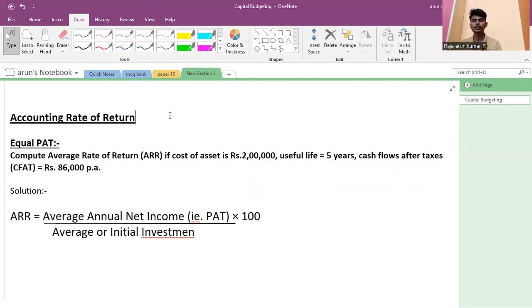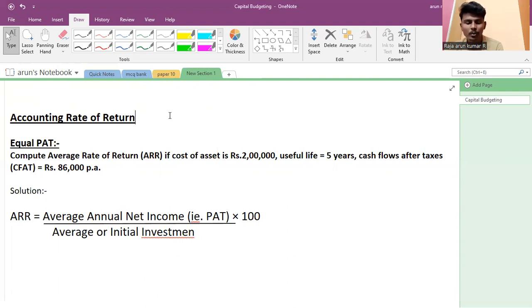Here also they ask in two ways: equal PAT given, and unequal PAT given, and we find the answer for accounting rate of return.